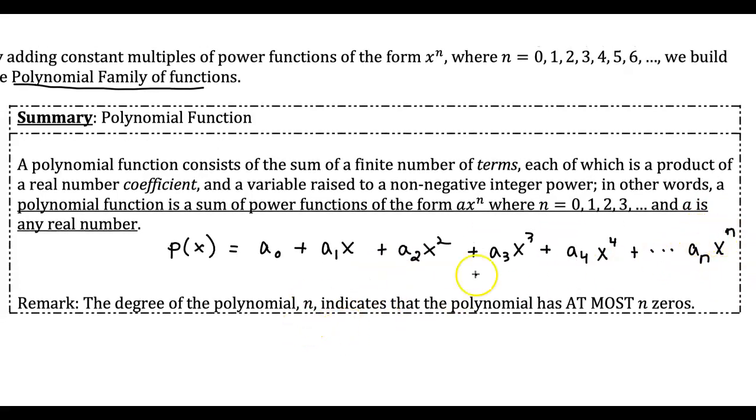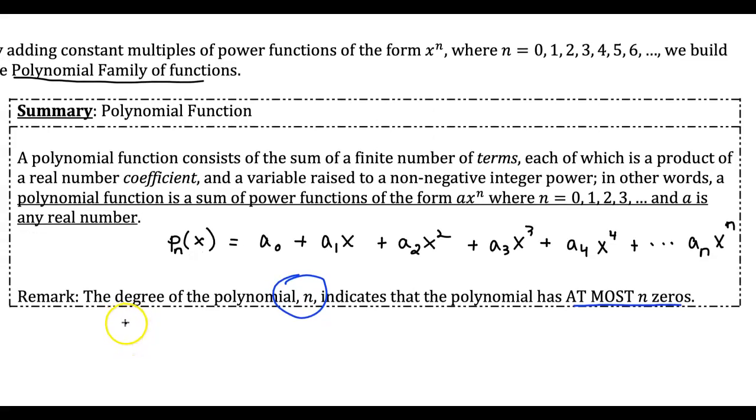And this n is a very important number, actually. The degree of the polynomial n indicates that the polynomial has at most n roots. What does that mean? That means if we solve the equation, by the way, sometimes we put a little subscript here to indicate it's an nth degree polynomial.